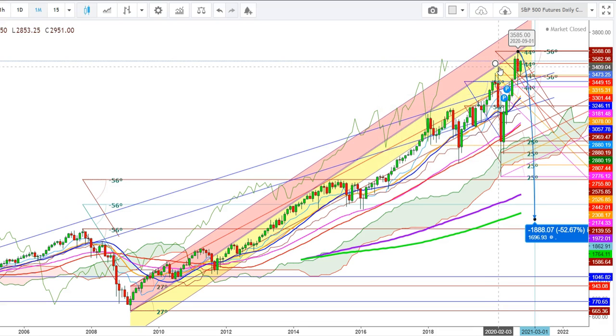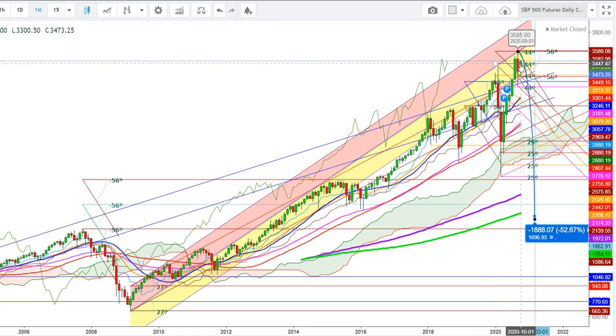This downward move continued during the month of March 2020, when the S&P 500 futures tested the lows of 2168 on March 23rd. No doubt this reversal was very strong here during the month of March, and once again the S&P 500 futures formed a strong base here at the levels of 2437.